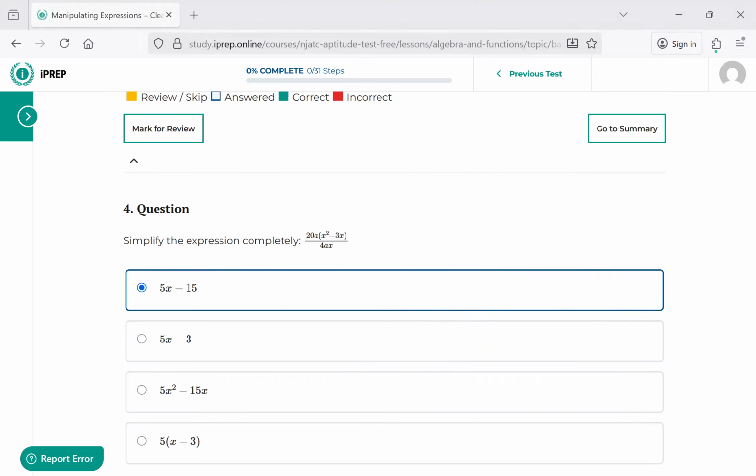Okay, so on the top we have 20a parentheses x squared minus 3x, all over 4ax. So what would I do?